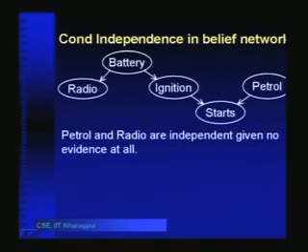But if you know about the battery status, then they are independent. Then the radio has got nothing to do with the ignition, right. But petrol and radio are independent given no evidence at all, right. If you do not know of any evidence, then they are independent.